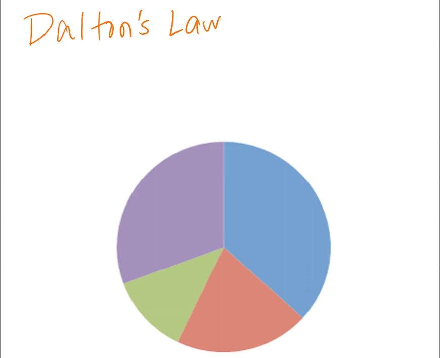So with Dalton's law, we can simply show it as P sub T. P is our pressure, and this subscript of T is just the total pressure. His law tells us that when we add the pressure of each gas within that mixture, it gives us the total pressure of that mixture.